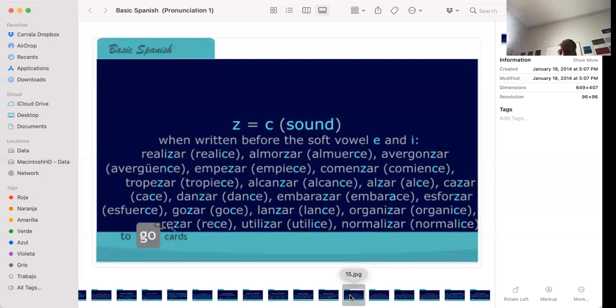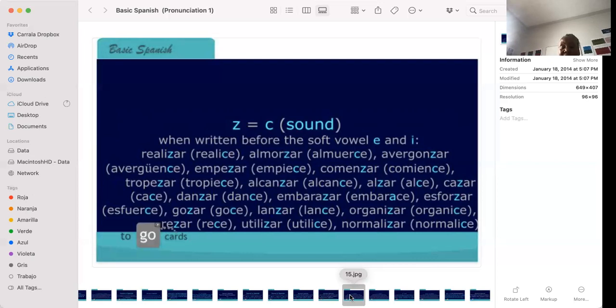Now, normally that's not a problem, but when you have a verb like ZAR, the pronunciation changes and the spelling changes.